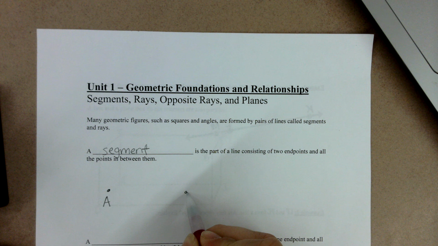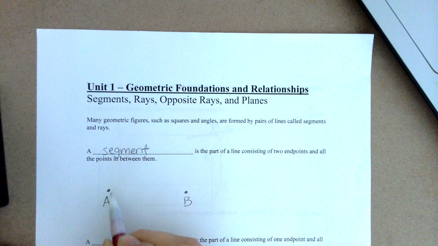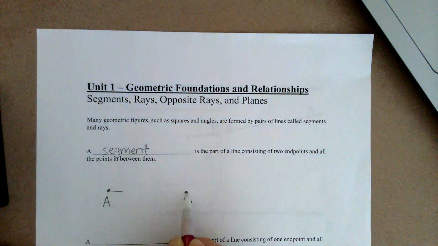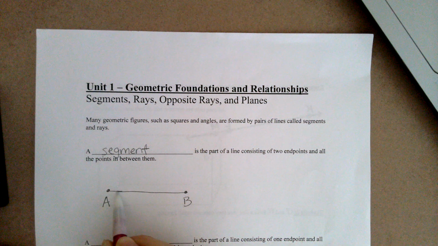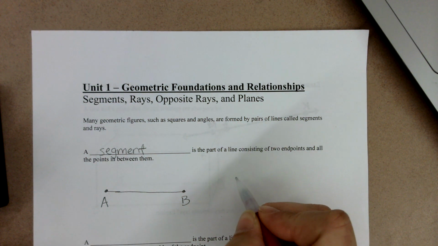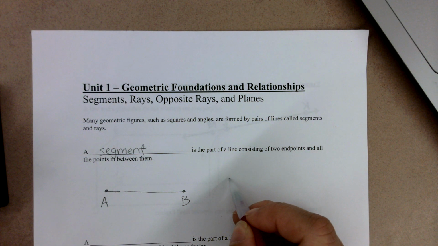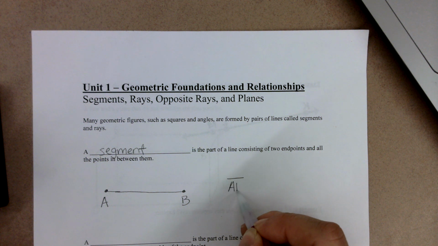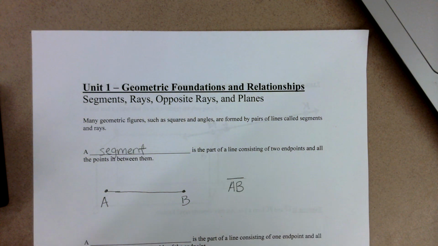Point A, point B. In order to write segment AB, you put A, B, and then you put the line over the top. And that is how you would write segment AB.